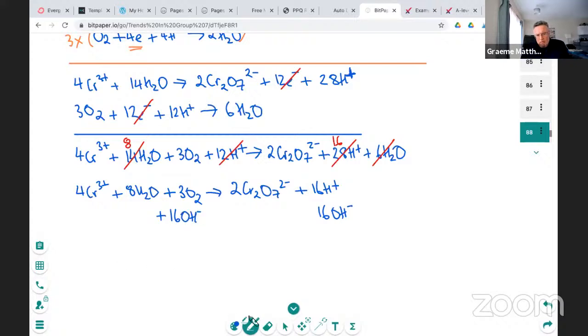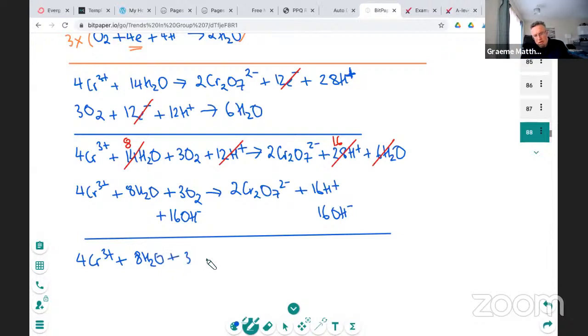Last time I'll do the ruler option like this. No, good enough. Like this, look. So, 4 Cr3+ and 8 H2O and 3 O2 plus 16 OH-, like so, arrow.